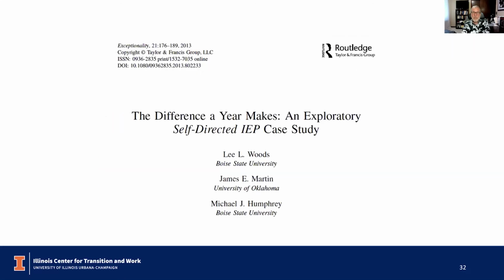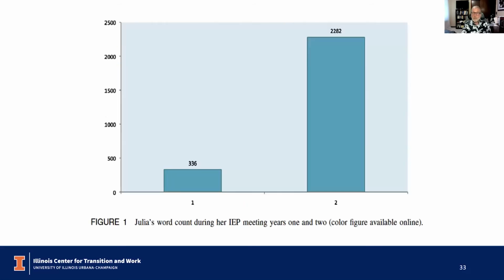Here's an interesting study that Lee Woods helped coordinate. It's a single case study, but it really demonstrates what can happen as this is continued year after year after year. We can see on the left Julia's word count during her first IEP meeting after she learned the steps of the self-directed IEP.